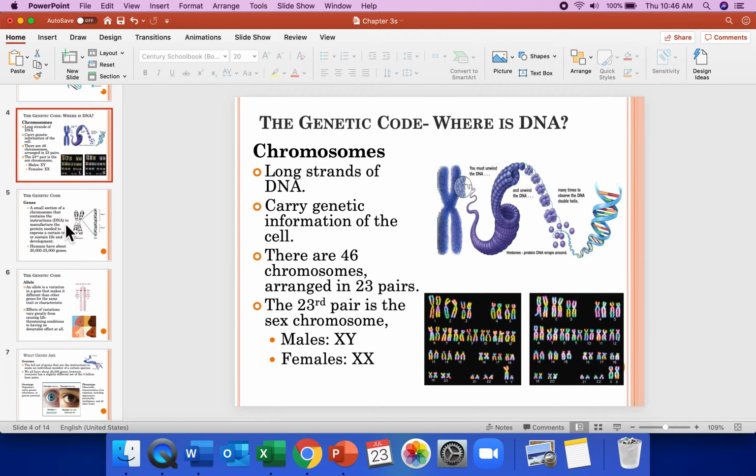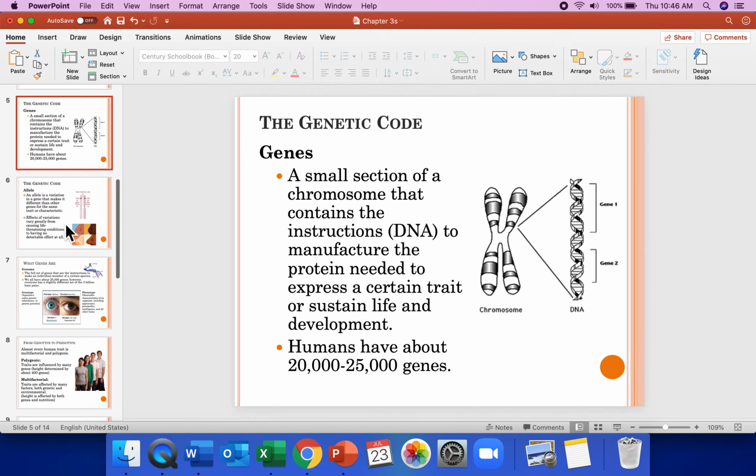All right, so we're going to zoom in further into one chromosome, and then we look at what it's made up of. Well, we already said that it's made up of DNA.